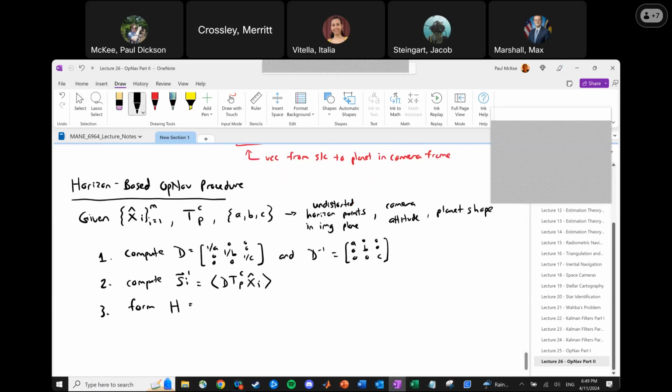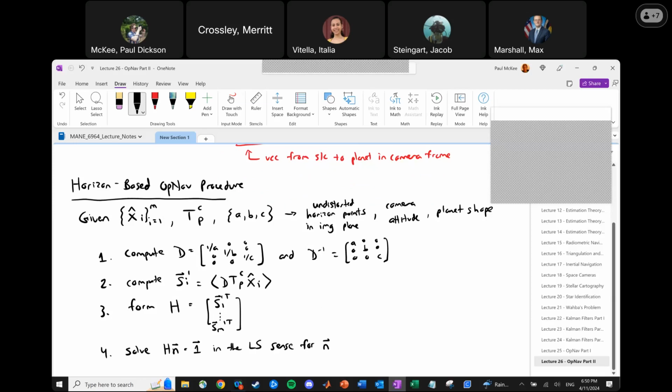The next step is we form the matrix H. I didn't name this during the derivation, but it's what you get when you take all of the s primes and stack them: s_1 prime transpose down to s_m prime transpose. Step 4 is solve H n equals a vector of 1s in the least squares sense for n.